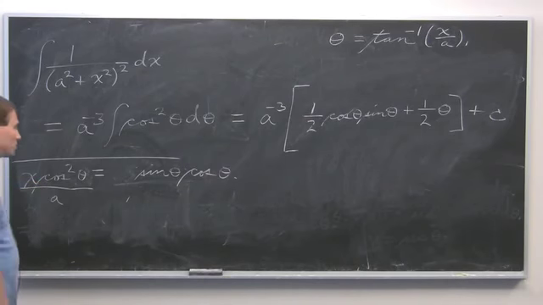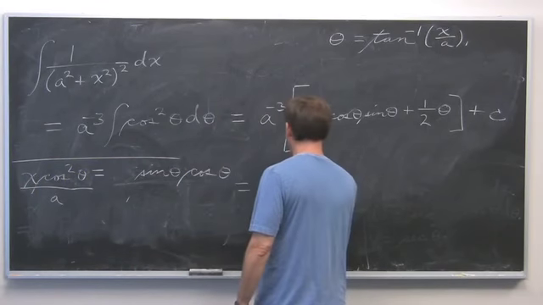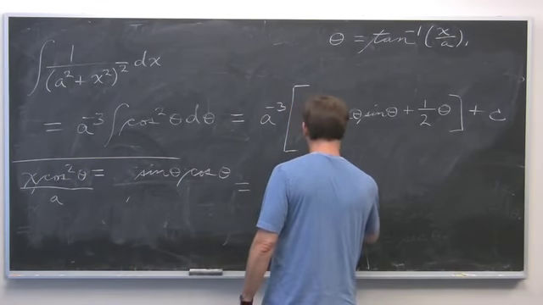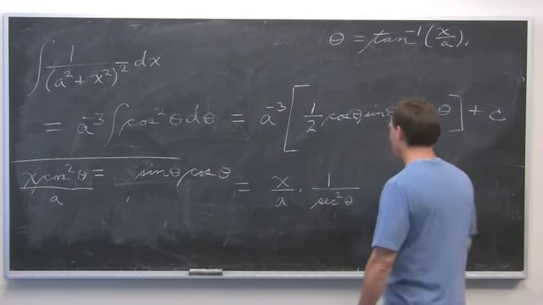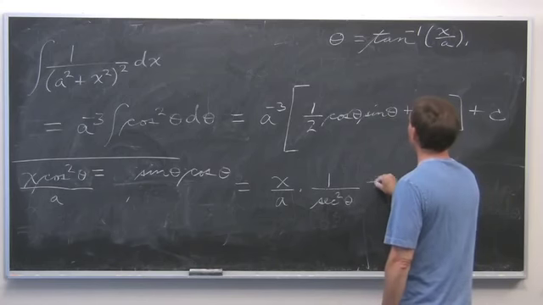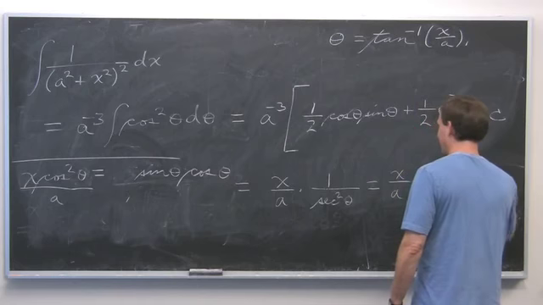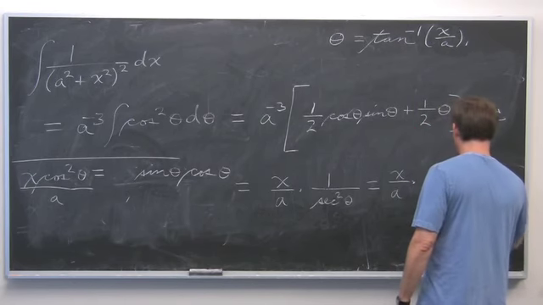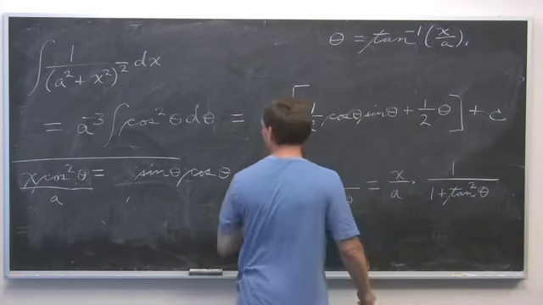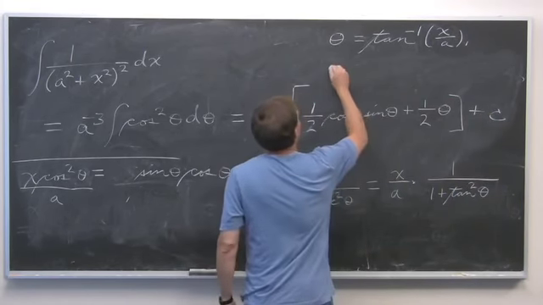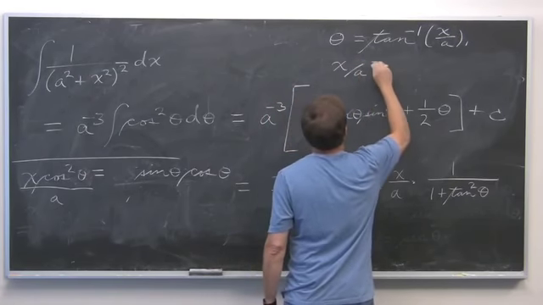Cosine squared is 1 over secant squared, so sine theta cosine theta is x over a times 1 over secant squared theta. But secant squared is 1 plus tan squared theta, and x over a is tan theta.